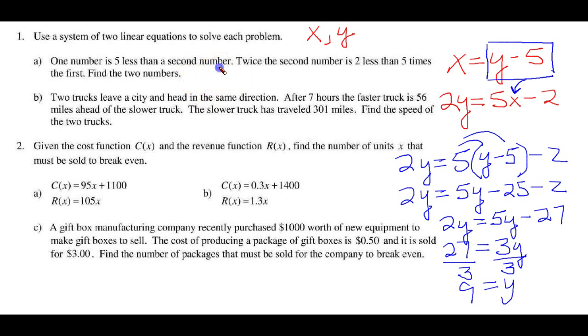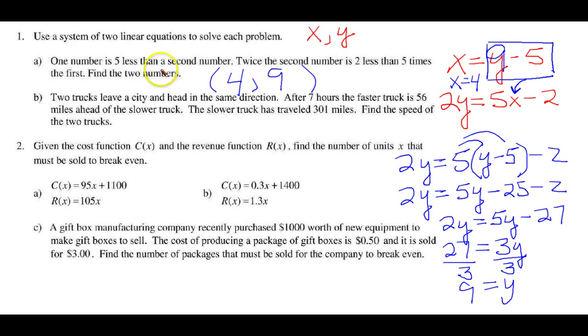So I now have one of my ordered pair members. Y is 9. Now, since I have it set up here nicely that X equals this, I can take my value of 9, put it right there. 9 minus 5, X will equal 4.